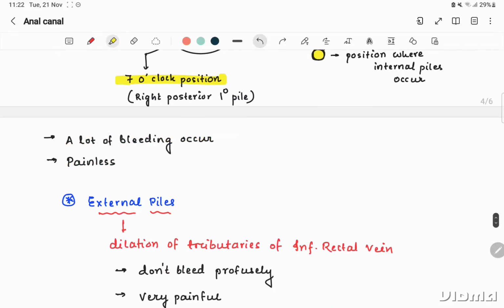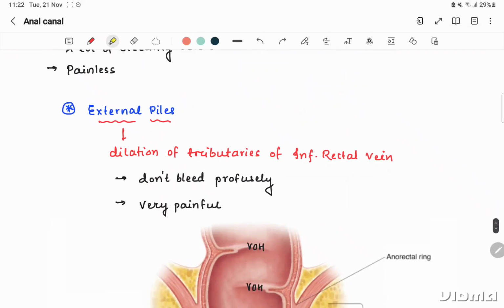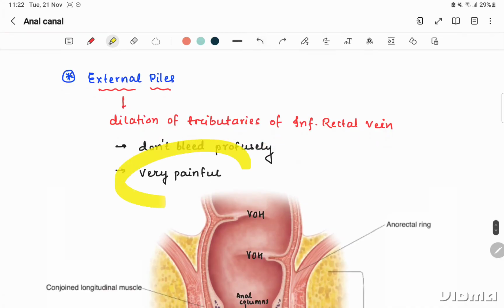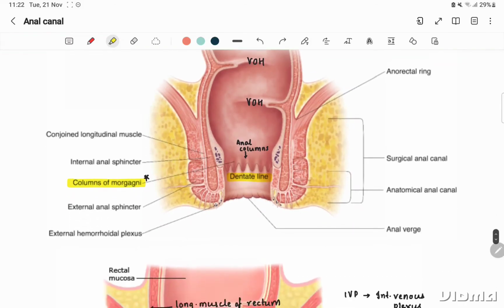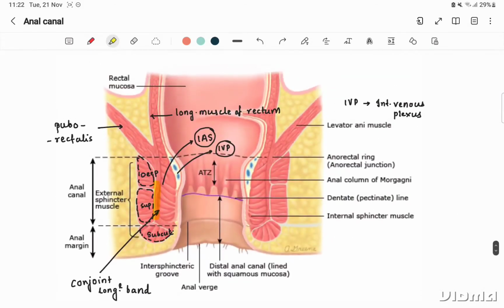Lots of bleeding occurs, but primary piles are mainly painless. External piles are the dilation of tributaries of the inferior rectal vein, and they don't bleed profusely, but they are very painful.